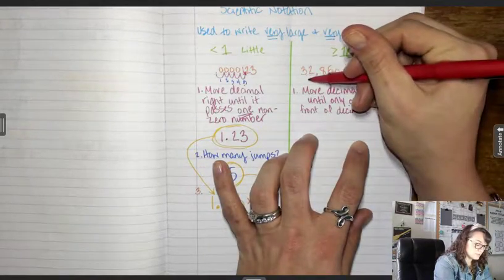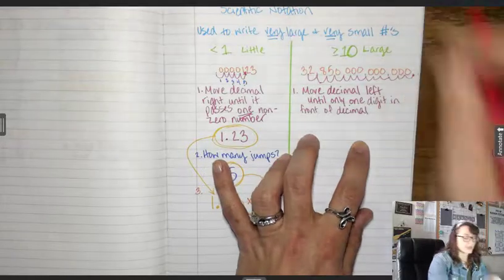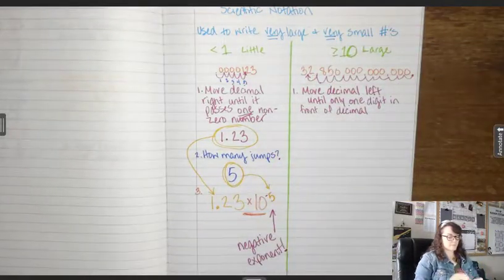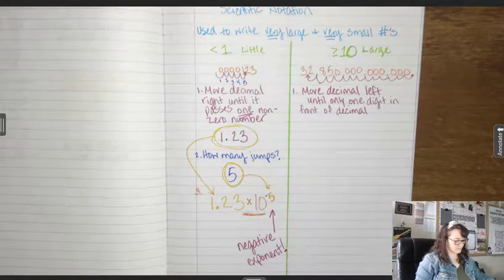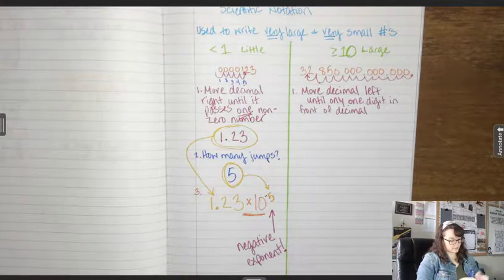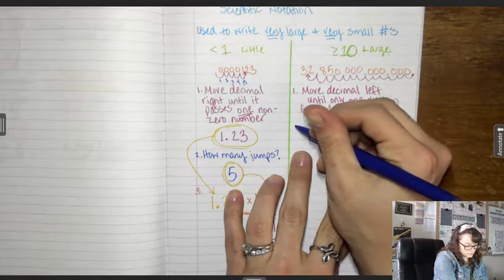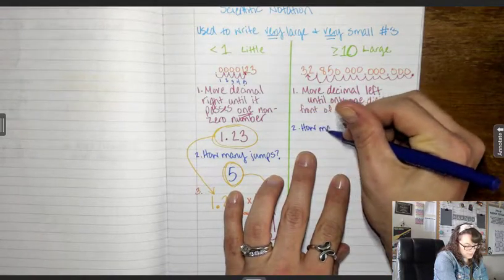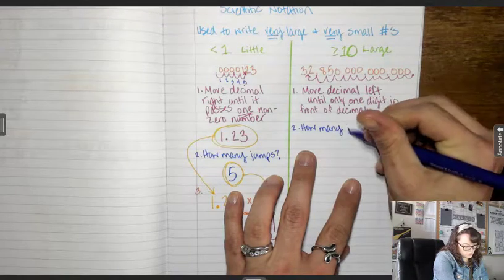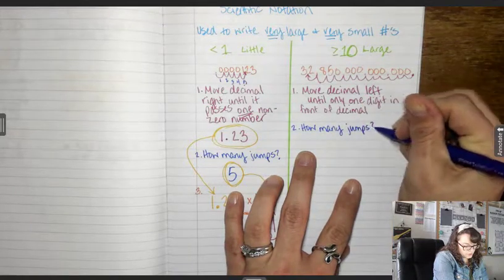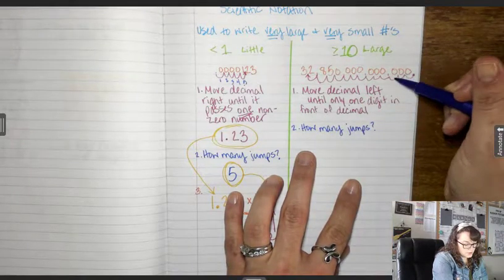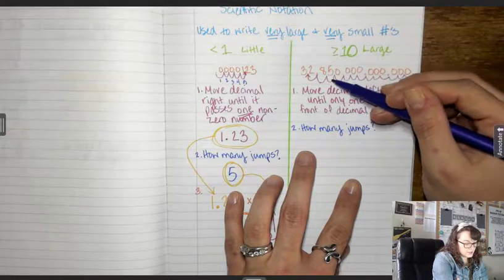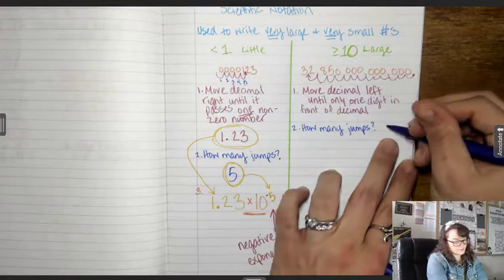No. Now is it one digit? That's when I stop, right there. How many jumps was that? So that's 1, 2, 3, 4, 5, 6, 7, 8, 9, 10, 11, 12, 13 jumps.